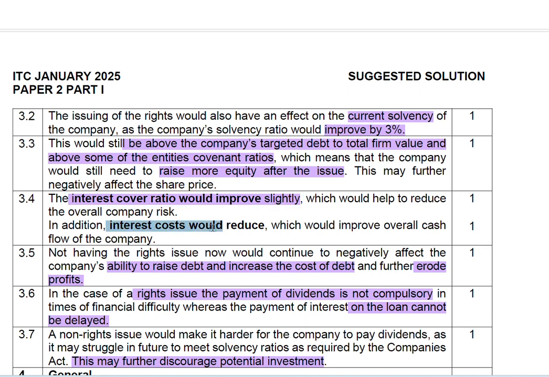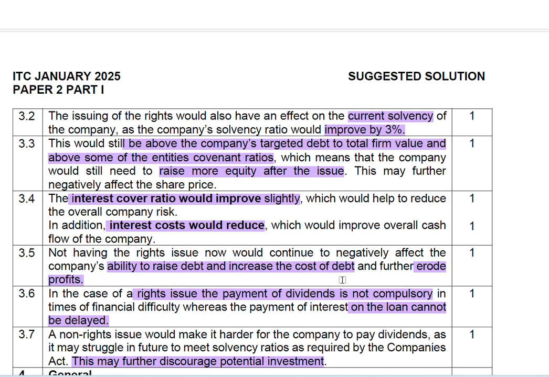In addition, we are reducing the interest cost. We saw when we were making calculations above that the interest cost will improve, because now there will be no interest that you need to pay. So not having the rights issue now will continue to negatively affect the company's ability to raise debt and increase the cost of debt. And that will erode the company profit.